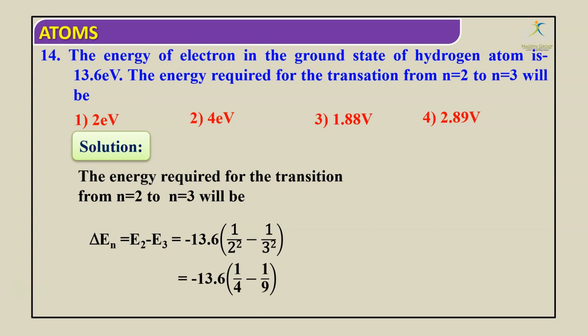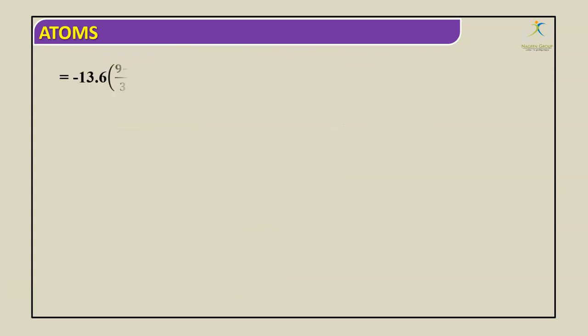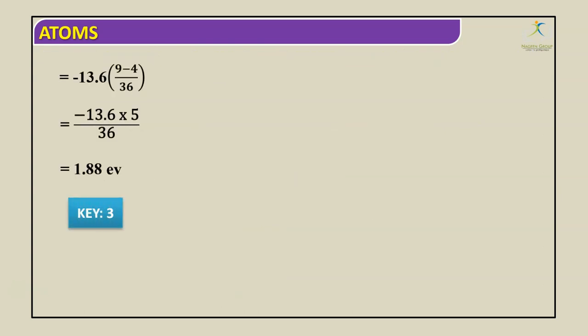After solving a bit, we get 13.6 times (1 by 4 minus 1 by 9). So after the solution, we get the value of 1.88 electron volt, which is option number 3.